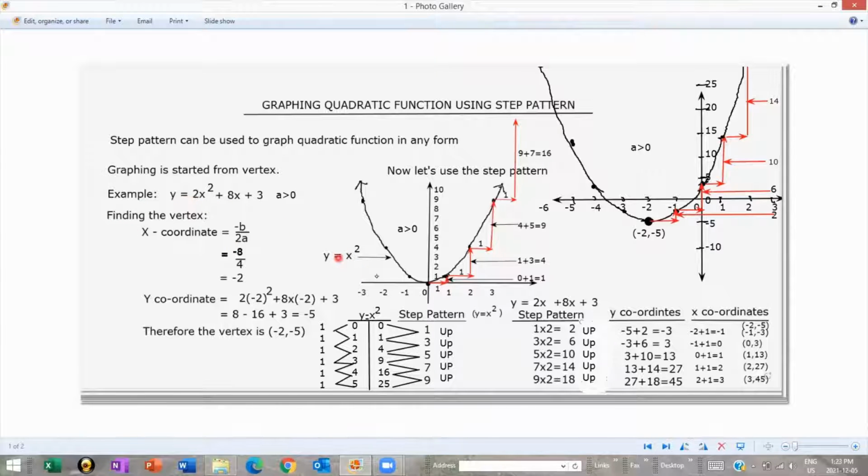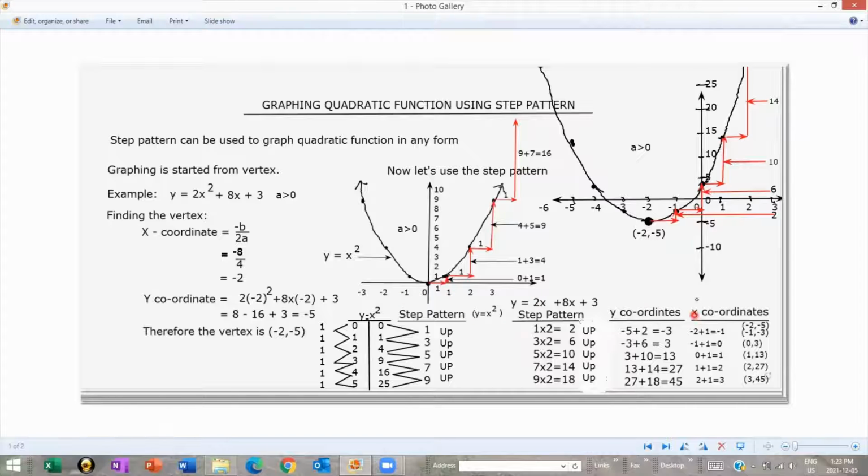Then you have to change the step pattern: multiply each step by 2, which is your a. So 1, 3, 5, 7, 9, each multiplied by 2: 1 times 2, 3 times 2, likewise. Then your new step pattern for this equation is 2, 6, 10, 14, and 18.